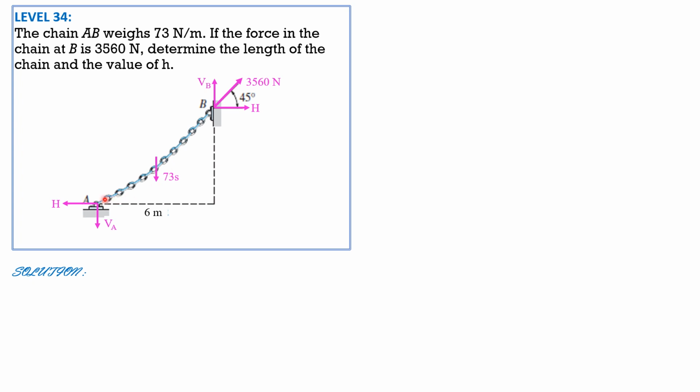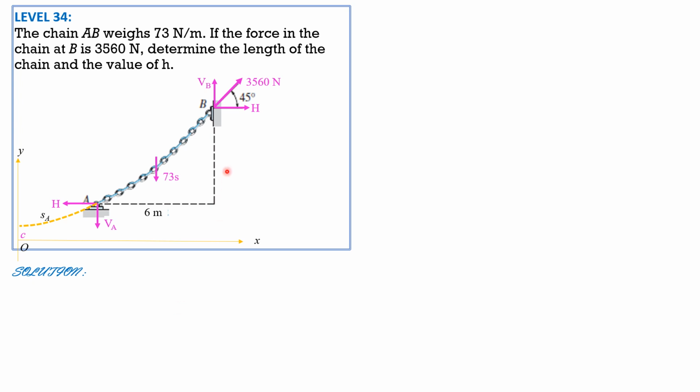To solve for the length of the chain from A to B, we must first locate the lowest point to solve for C. So this is SA, that extension, and SB is this total length. So the length of the chain is SB minus SA. That's our working equation.